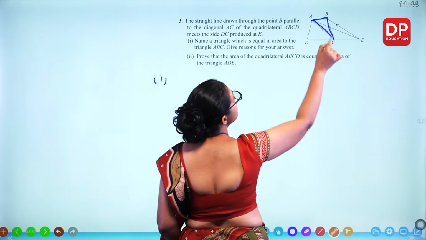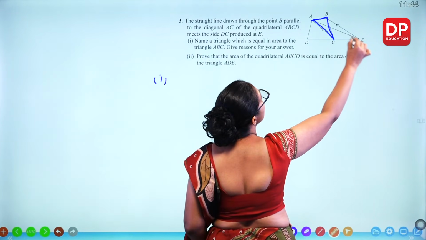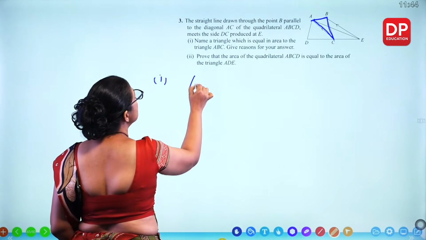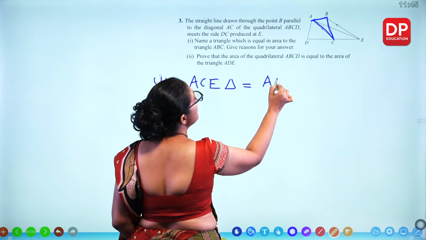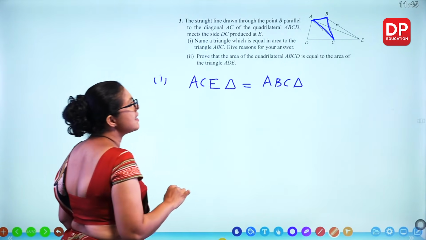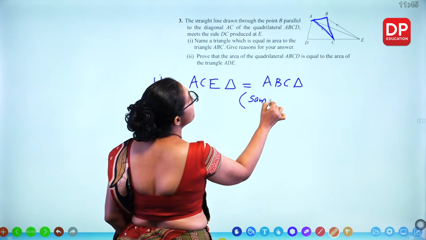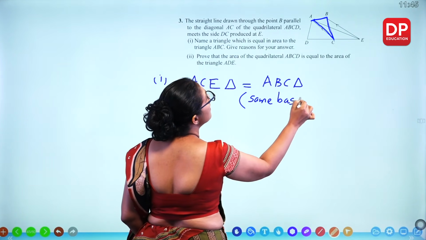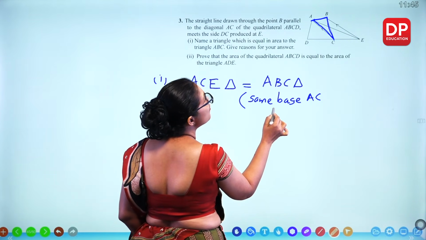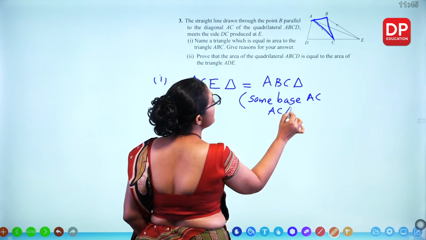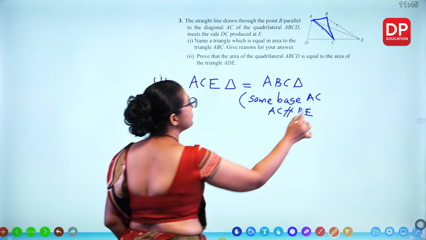We can see that triangle ACE is equal to triangle ABC. What's the reason? Both are on the same base AC and in between two parallel lines AC and BE.